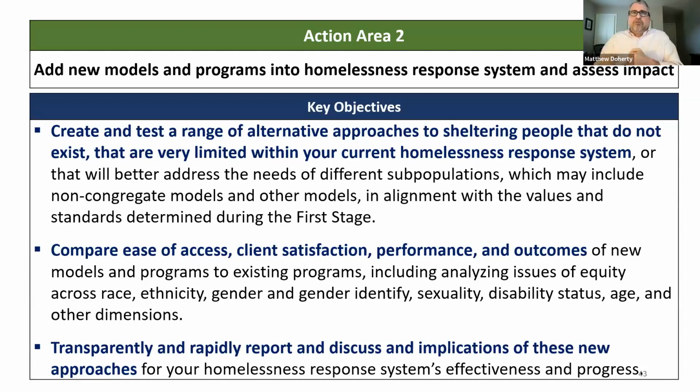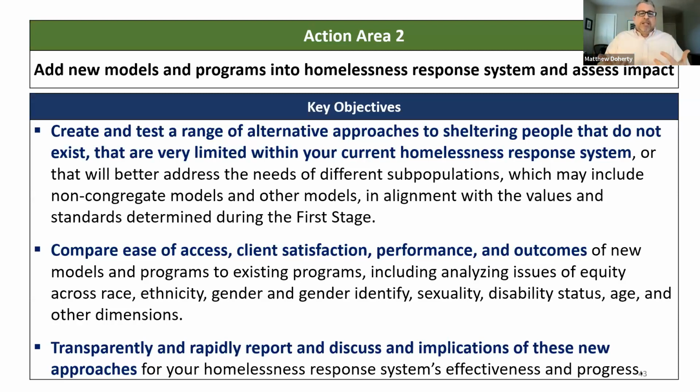So is what you're testing and trying actually demonstrating better results, better experiences for people? What does that look like when you look across issues of race, ethnicity, gender, and gender identity, et cetera? So be very thoughtful about whether you are actually making things better, or whether you have just tested something that doesn't seem to be making much of a difference.